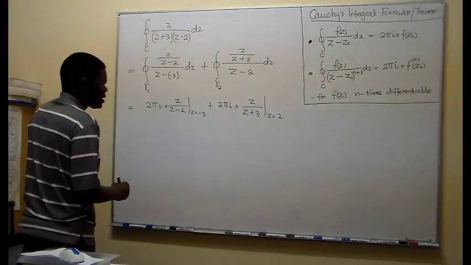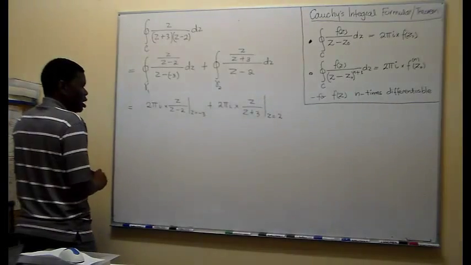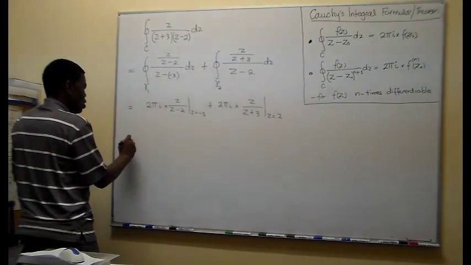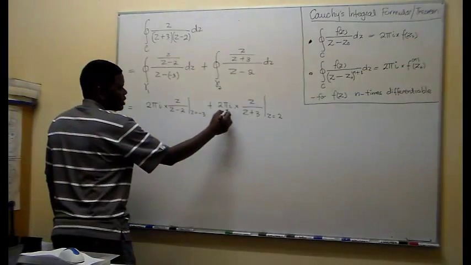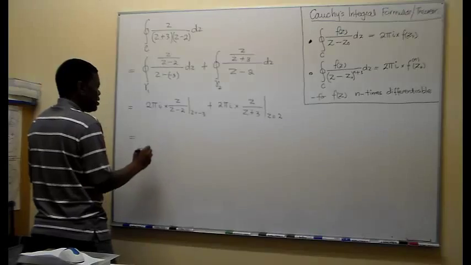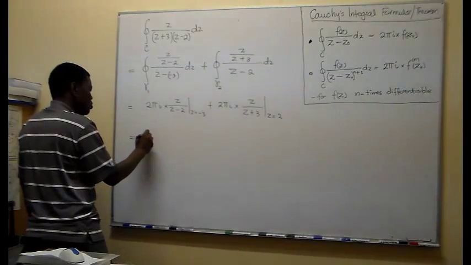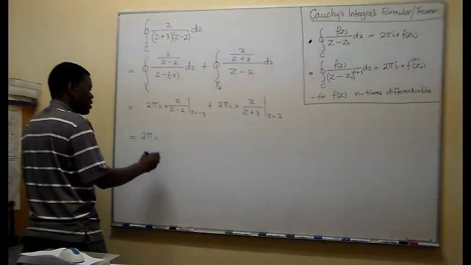Now, evaluating this integral, we can see that we've got a common factor here, 2πi. So I'm going to choose to write this 2πi here as a common factor.